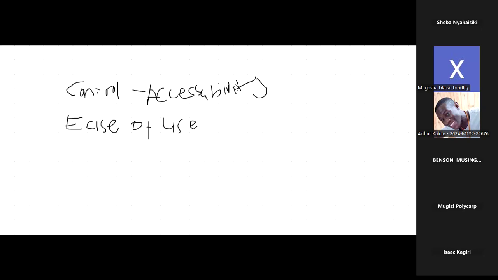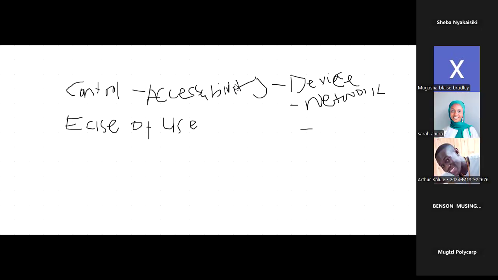So accessibility means, can I access a device? Can I access a network? And then can I access, what else? Information.